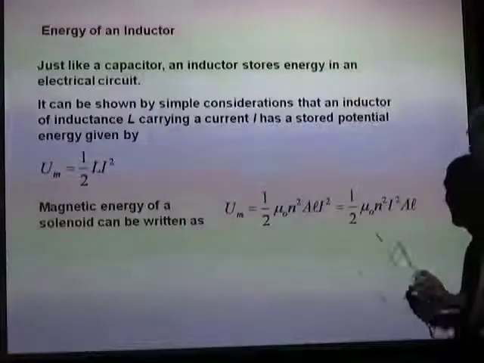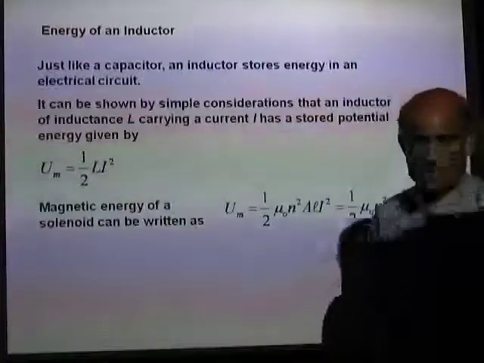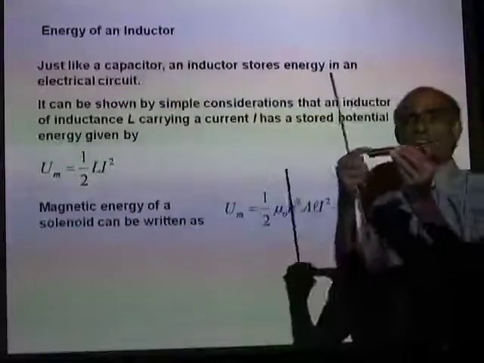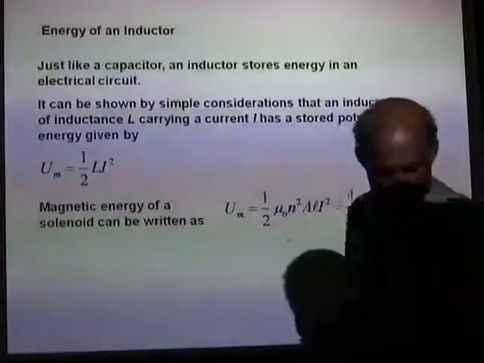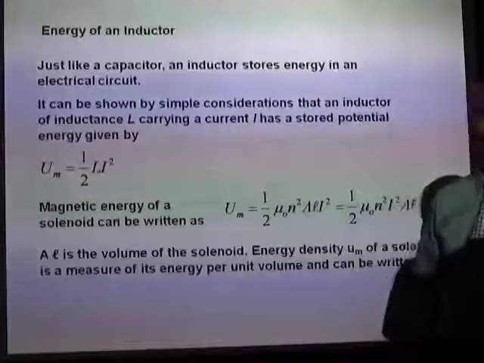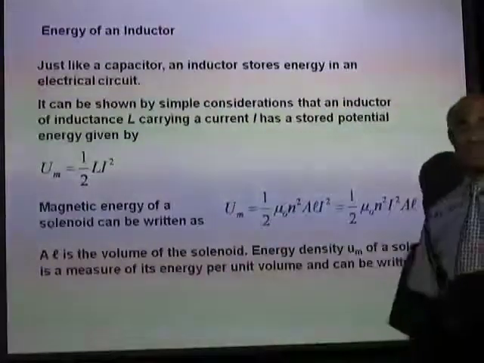What does AL represent? A is the area of cross-section, and L is the length. So what does that quantity represent? Well, AL is the volume of the solenoid.